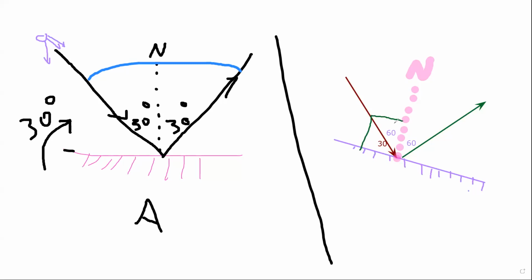So we have here 60 and this angle will equal 30. So when the mirror rotated clockwise, the angle of incidence increases by the same angle of rotation.